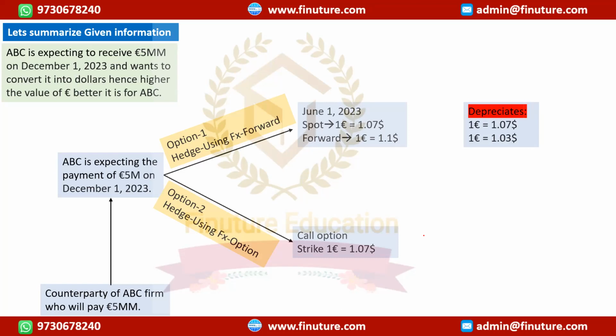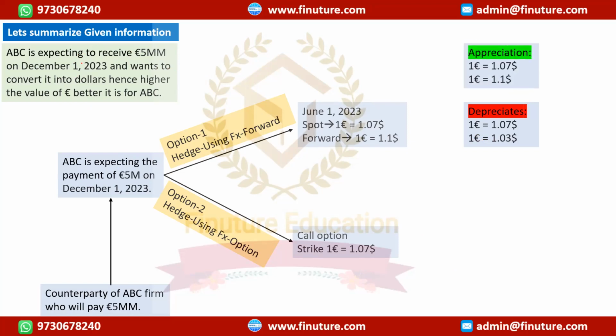So earlier your €1 could get you $1.07, now it can get you a lesser amount of dollars. So your euro has depreciated. In fact, this is the problem statement for this portfolio manager. He's afraid that when he converts his 5 million euros, if the value of the euro has depreciated, he may end up having losses. So that's the main problem statement the portfolio manager has.